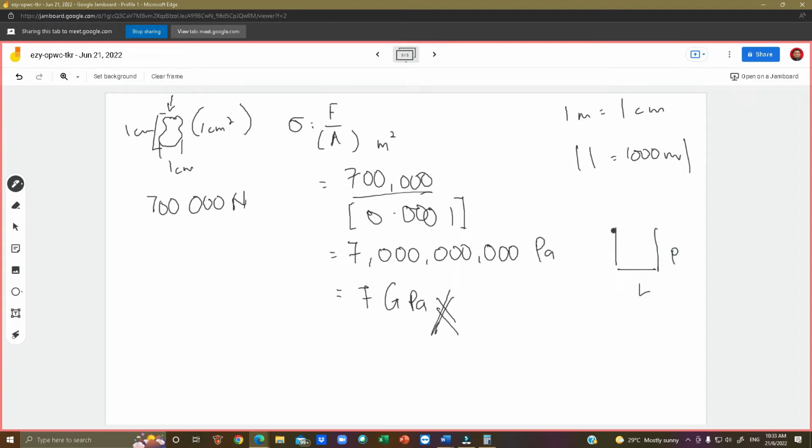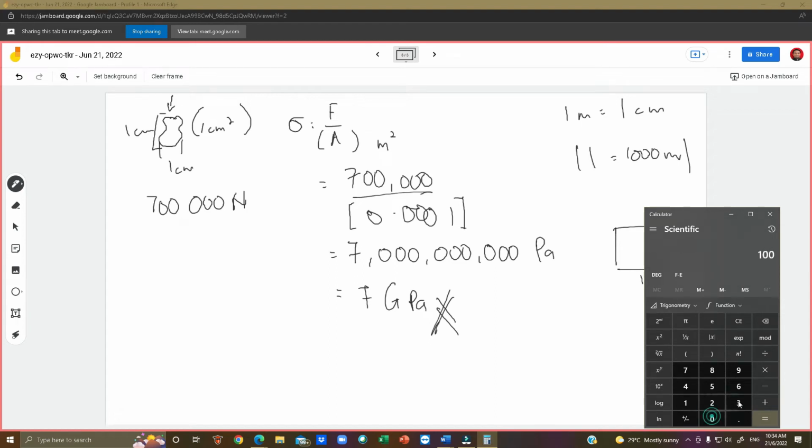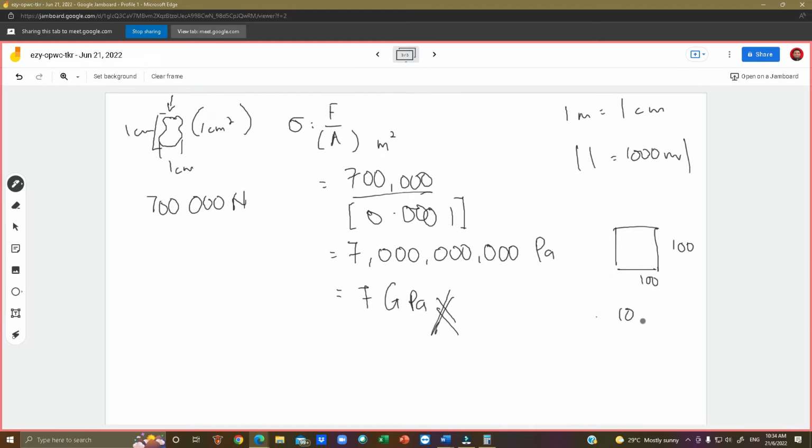So if this one is 1 meter square, means it is 1 kali 1, 1 meter kali 1 meter. But when we have the unit in centimeter, it will be 100 times 100, 100 centimeter times 100 centimeter. Jadi jawapan dia ialah 10,000. Okay, 10,000 centimeter square equals to 1 meter square.